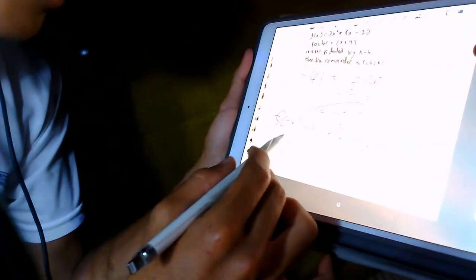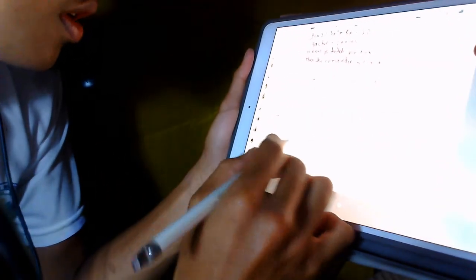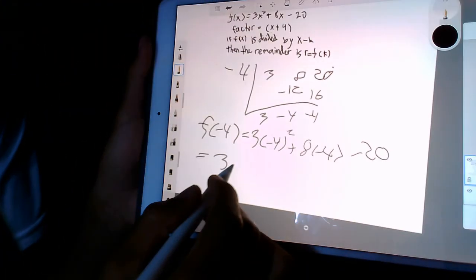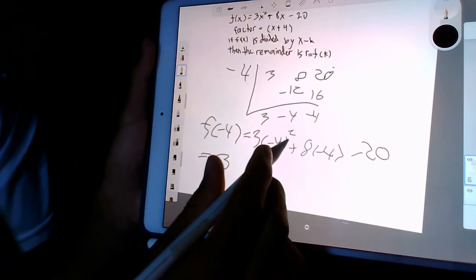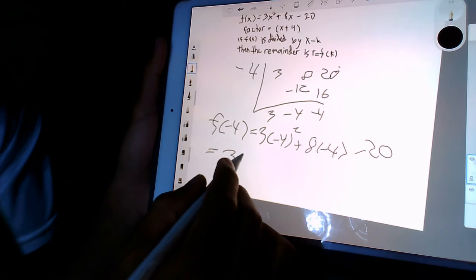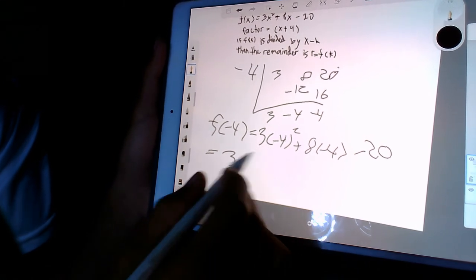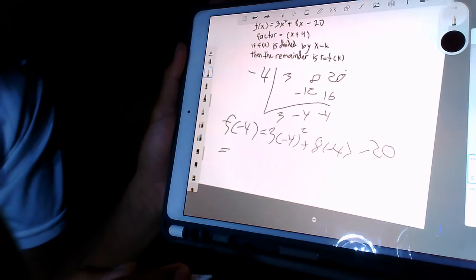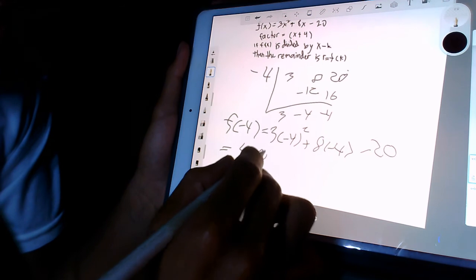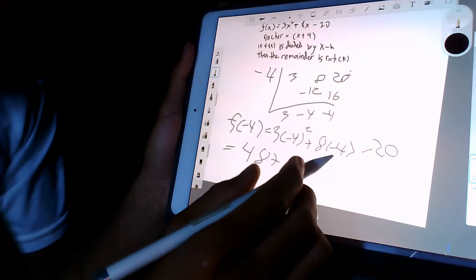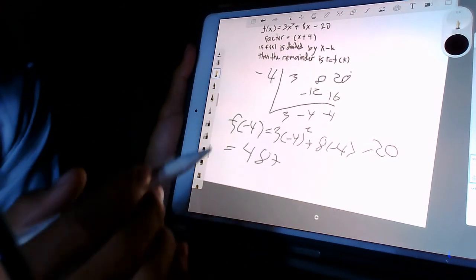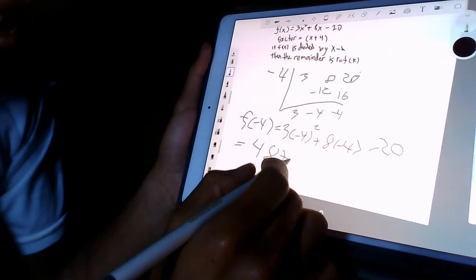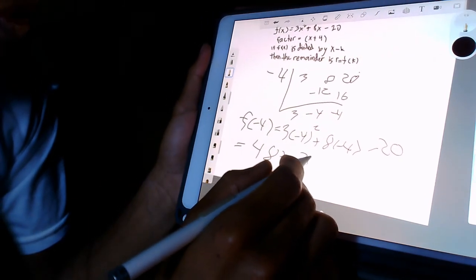Let's take a look. Equals 3 times negative 4 times negative 4, which equals 16. 3 times 16 is 48. 48 plus 8 times negative 4, which is negative 32.